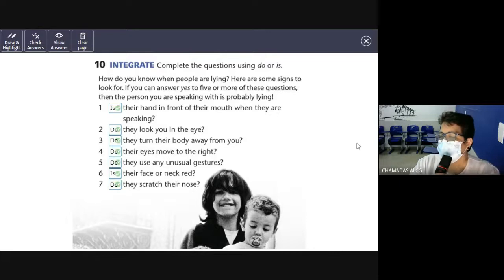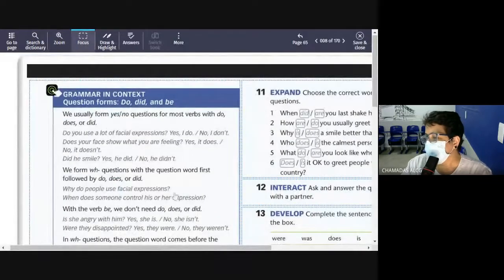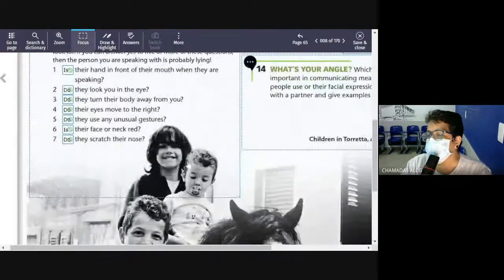So let's check the answers, okay? And all these movements, all these gestures are involuntary. Okay, people. So usually when the person is lying, the person doesn't look you in the eye.